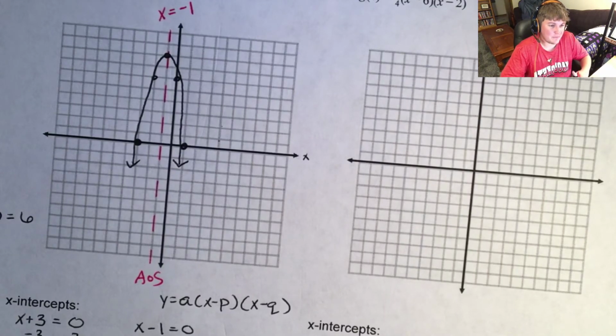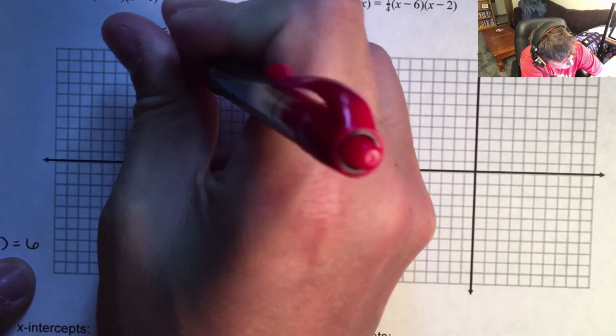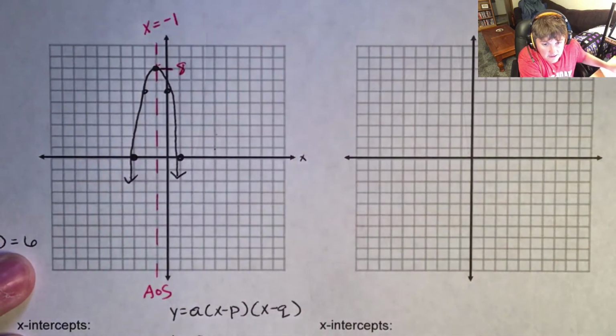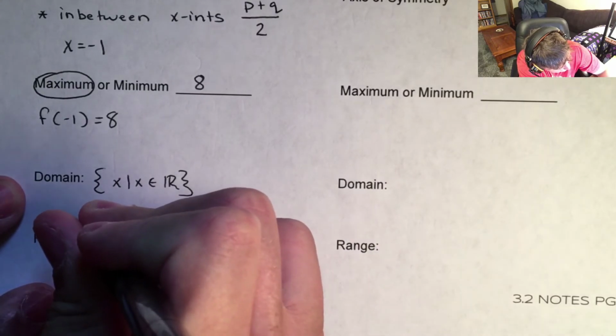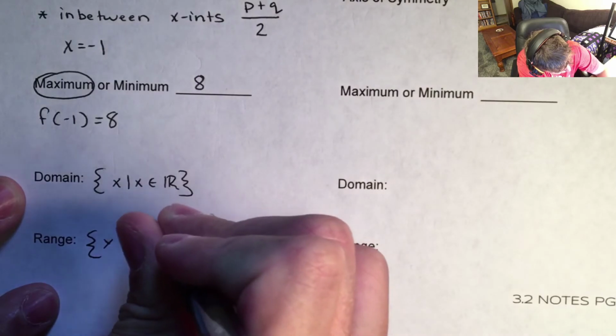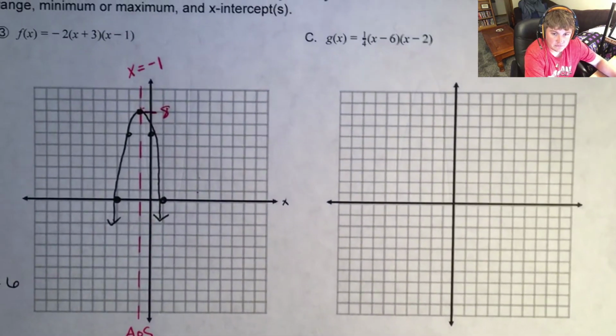It's not always the same, but the approach is always the same. You look at this value, you say, hey, this is a maximum, so all my y values are less than that. And what number are they less than? It's 8. So we're going to say that this is the set of y values such that y is less than or equal to 8, because the graph opens down, so all those values are less.